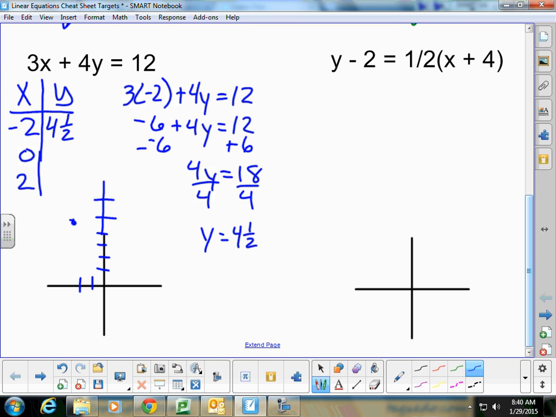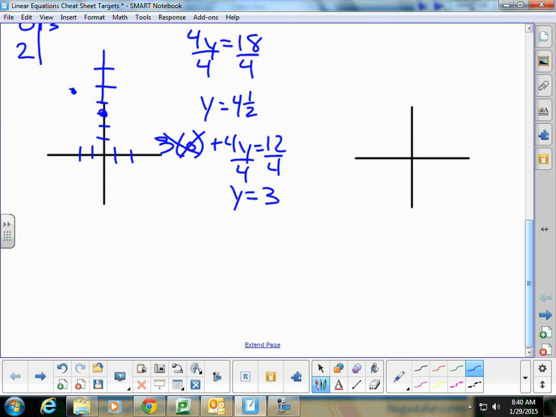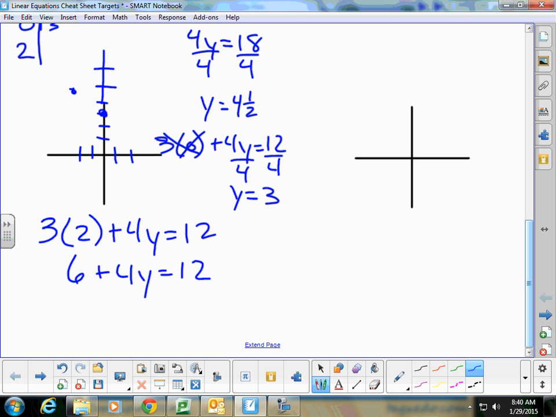I could plug in 0: 3 times 0 plus 4y equals 12. Divide by 4 for y equals 3. So 0, 3. Then when I plug in 2, I'm going to kind of make a mess on the board here. I can do 3 times 2 plus 4y equals 12. 6 plus 4y equals 12.